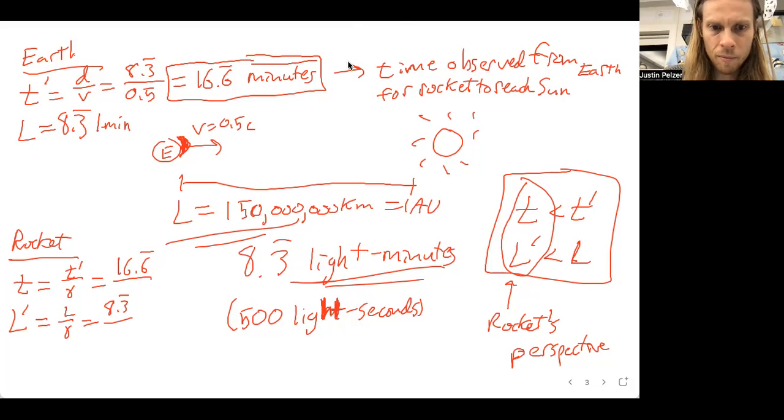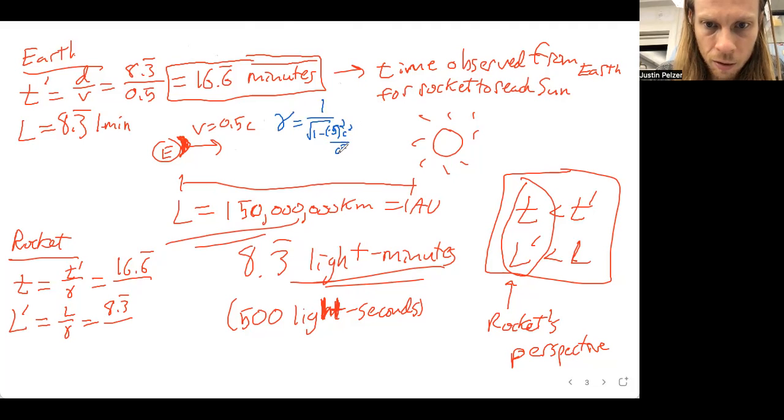So what is gamma? We probably should have started there. If I have any speed, I can write gamma equals 1 over the square root of 1 minus v squared over c squared, with v equal to 0.5 c.